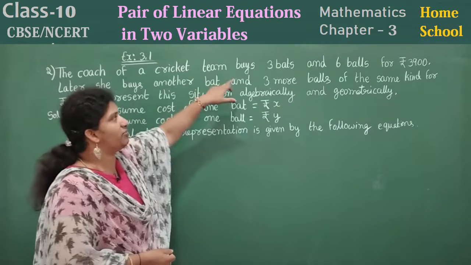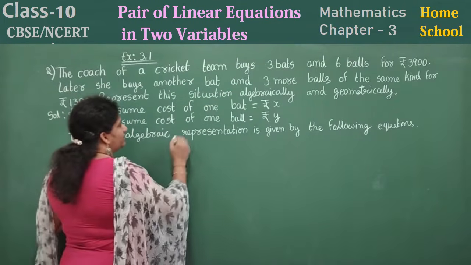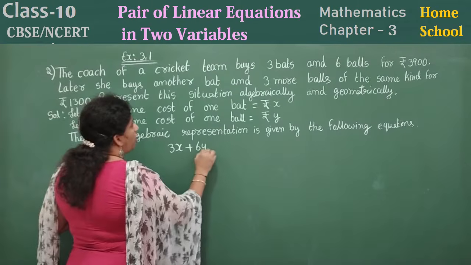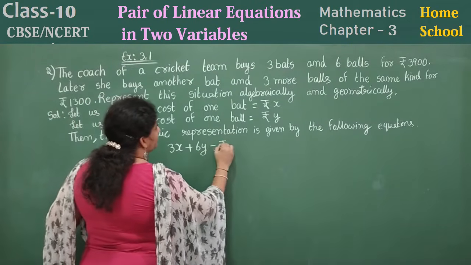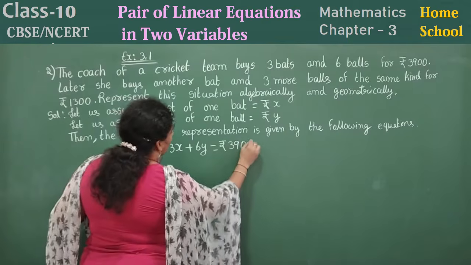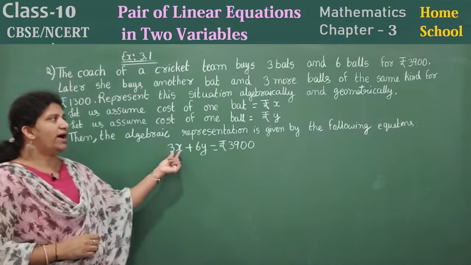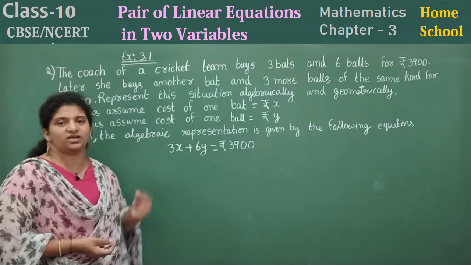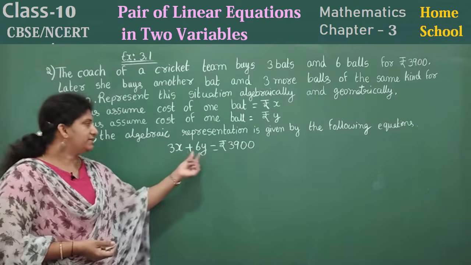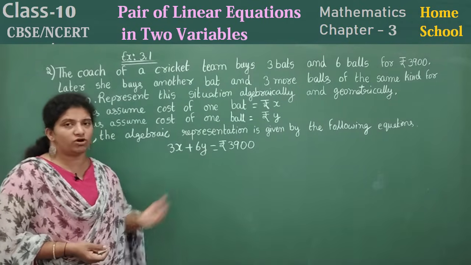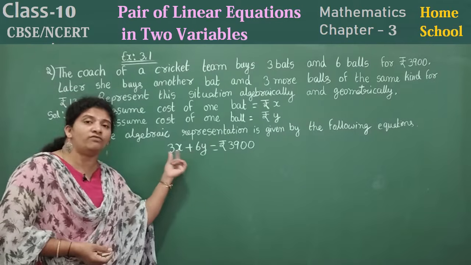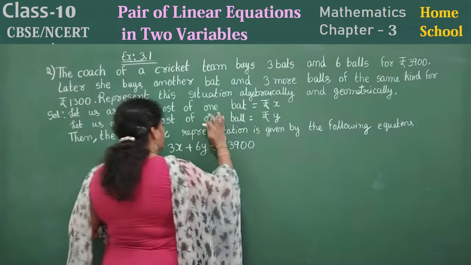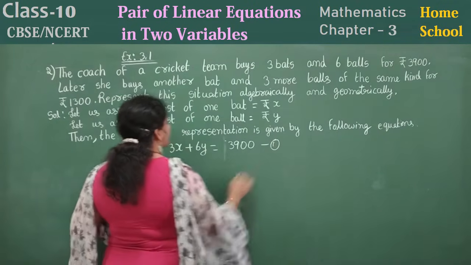The coach of a cricket team buys 3 bats, 3 into x plus 6 balls for rupees 3,900. So x value we don't know. What is the cost of one bat? We don't know. If we know cost of a bat, into 3 is 3 bats cost. Similarly 6 balls. If you know y value, 6 balls cost you know. But the sum of these two is how much? 3,900 rupees. So let's remove rupees here and mark it as the first equation.